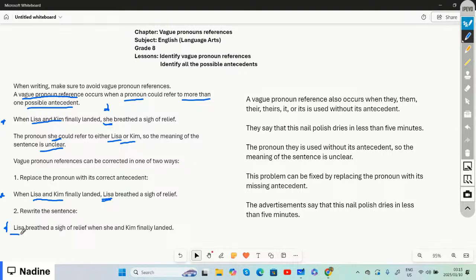So basically, we say Lisa was the one that breathed a sigh of relief when she and Kim finally landed.